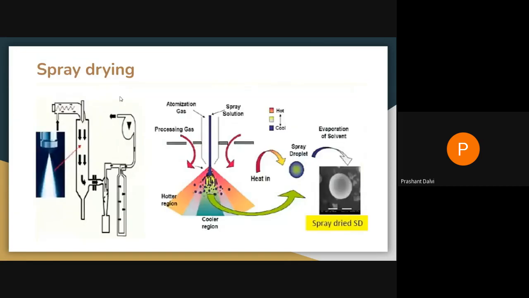Here you can see the atomization of the spraying solution into the chamber containing hot gas. There are different zones, hotter regions and cooler regions, and accordingly you will get the materials.